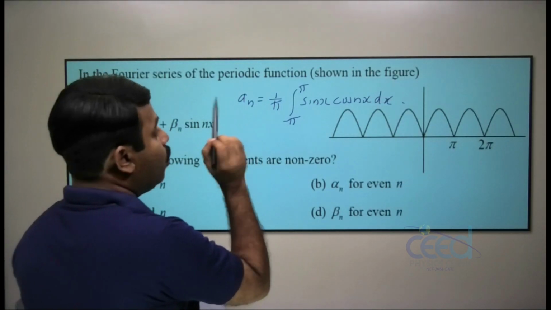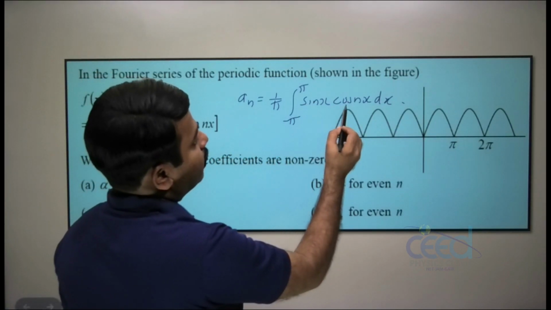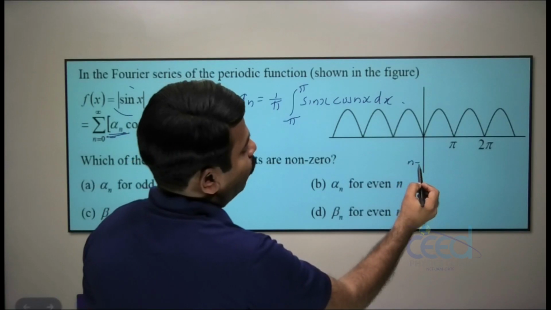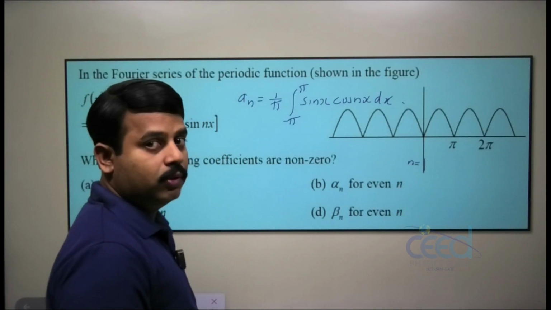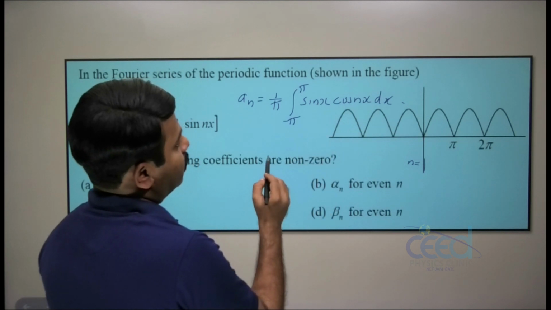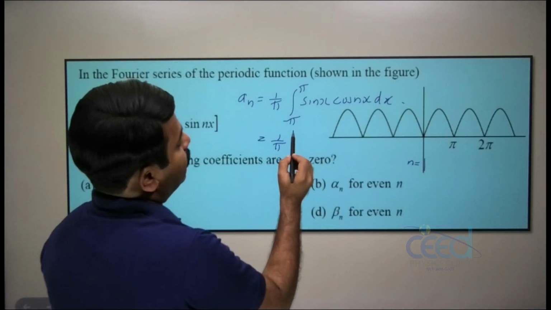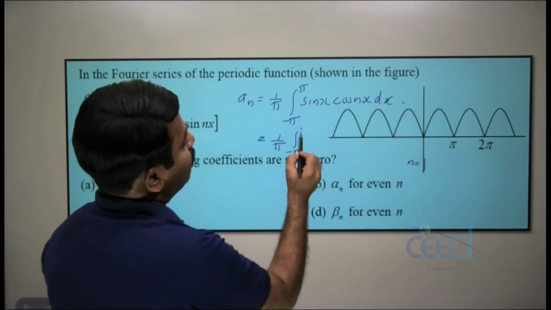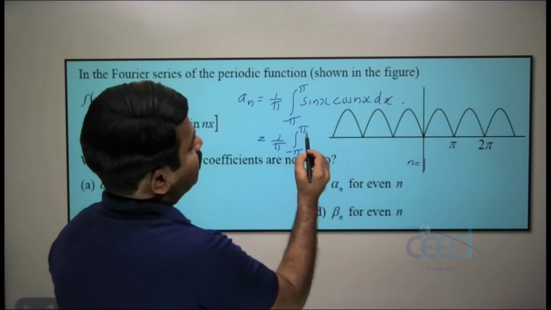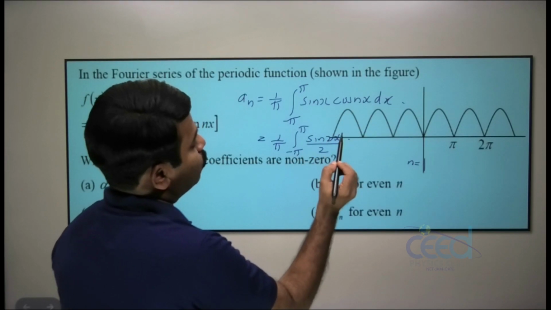Suppose you select an odd value, immediately you can tell. Suppose you put n equal to 1, which is an odd number. Then this becomes sin x cos x. Sin x cos x is what? 1 by pi, integral from minus pi to pi, and sin x cos x is sin 2x by 2.